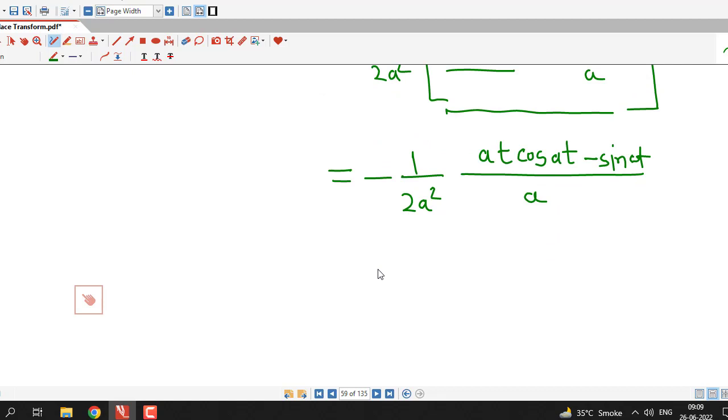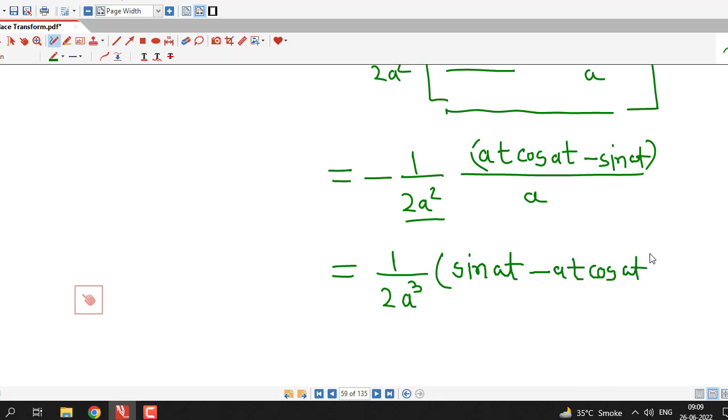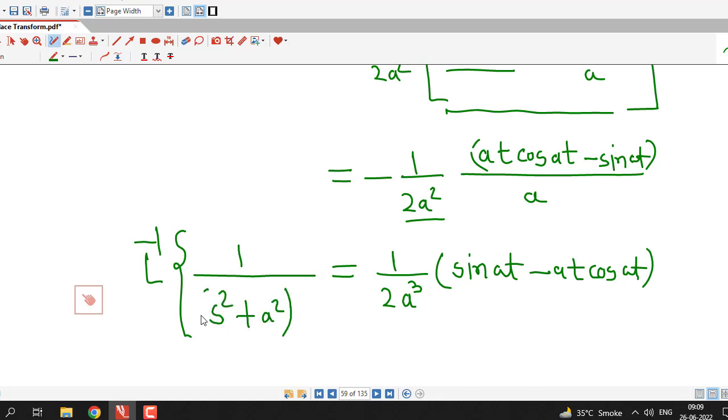Again we can take this negative sign in the product of this, and we can combine these two, 2a square into a, that is 2a cube, and if I multiply this by minus 1, I will have sin at minus at cos at divided by 2a cube, and this is the inverse Laplace transform of 1 divided by the square of s square plus a square.